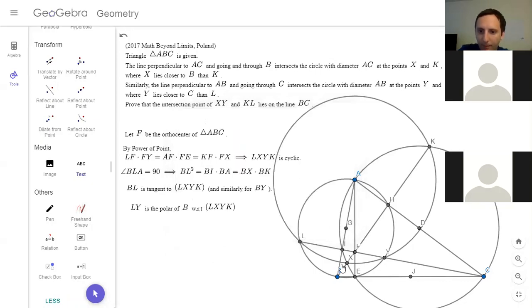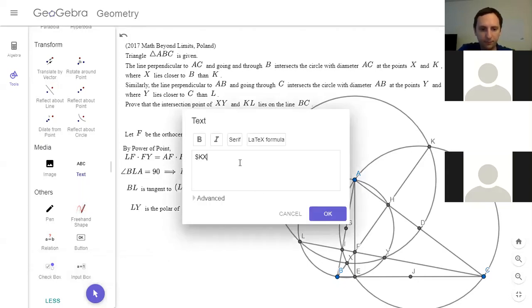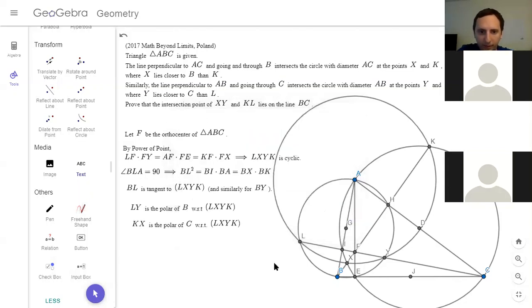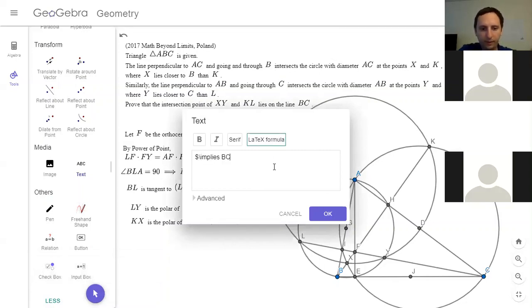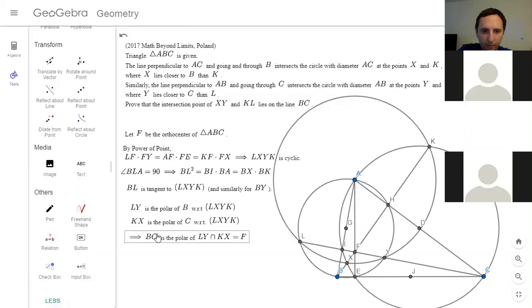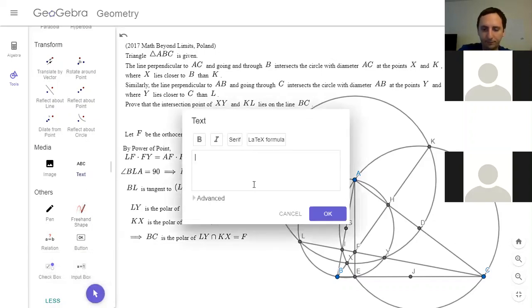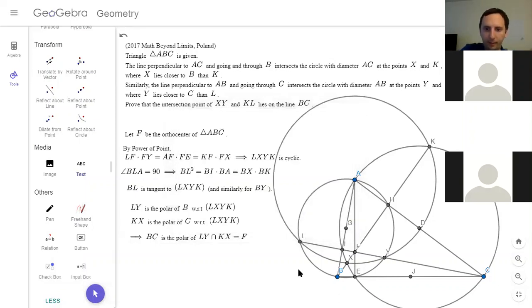And KX is the polar of C. And so that means that LX intersect KY equals F. So that means that BC is the polar of LY intersect KX, which is equal to F. So, and then if BC is the polar of F, then by Ricard's theorem, let me give a name to the intersection.